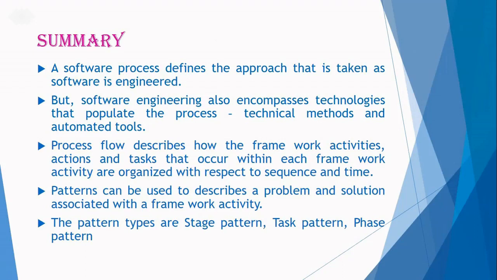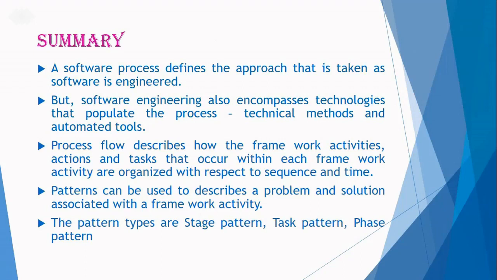One of the most important aspects is the process flow. Process flow describes how the framework activities, actions and tasks that occur within each framework activity are organized with respect to sequence and time.